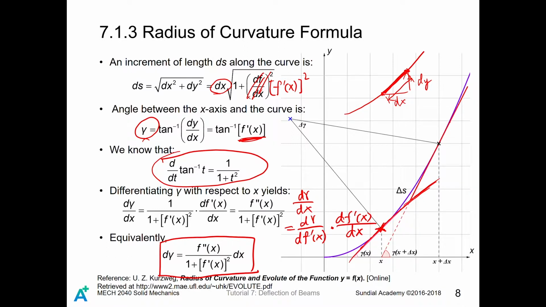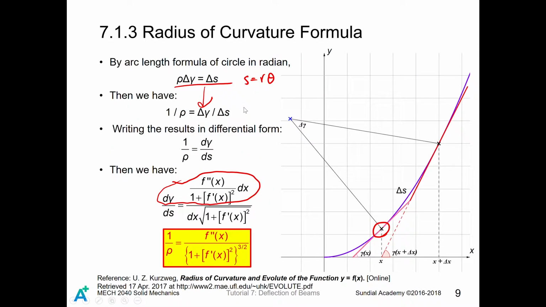So if we move this result to here, the ds, then you can see the dx here can be cancelled out.